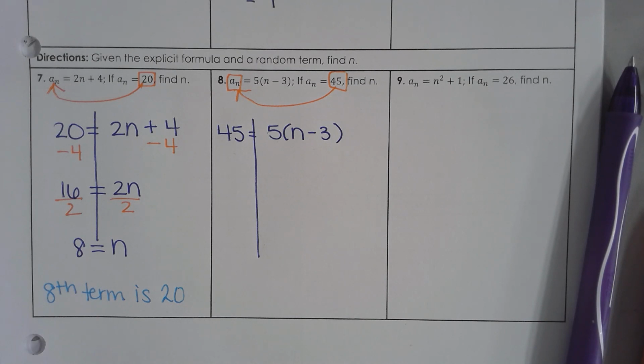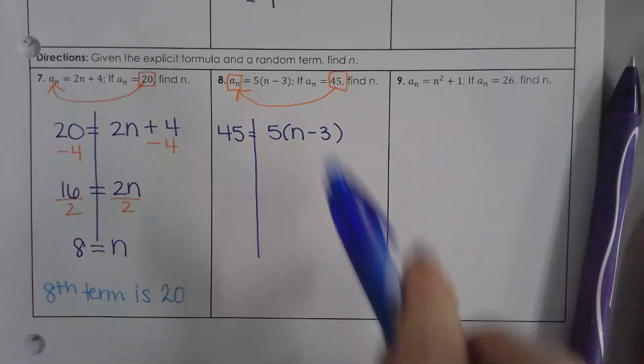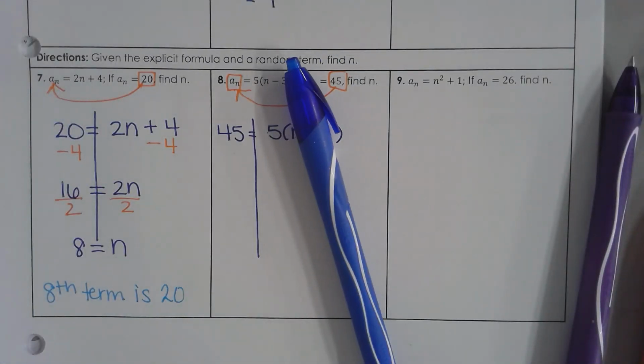Is n and An different? They're not the same thing. You have n, you have An. n is the number of the term. So like, if here's my pattern, 3, 5, 7, 9, my n is 1 here. My n is 2. My n is 3. My n is 4.